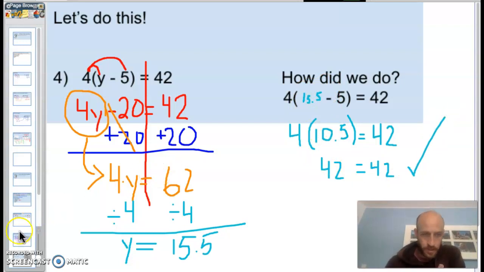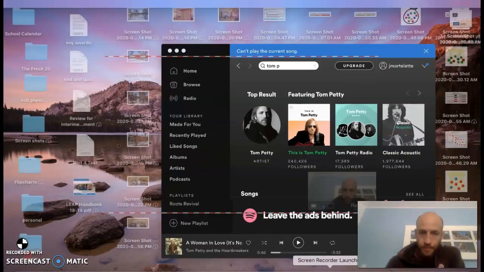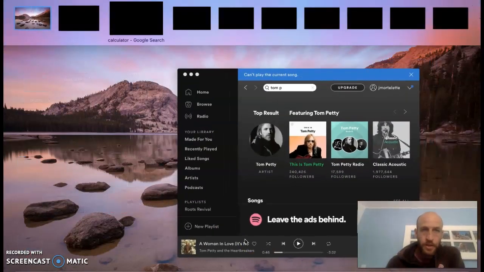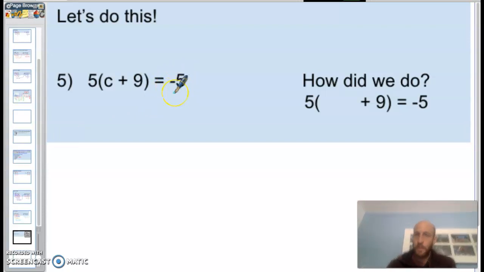Okay, let's try the very last one here. All right, just making sure we have enough time left. Okay, so same idea. Something I'm noticing right away, though, is I have a negative number over here. So this one's going to be a little bit more challenging, but I'm positive we can do it.